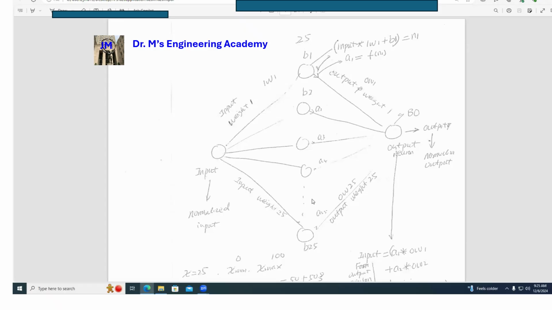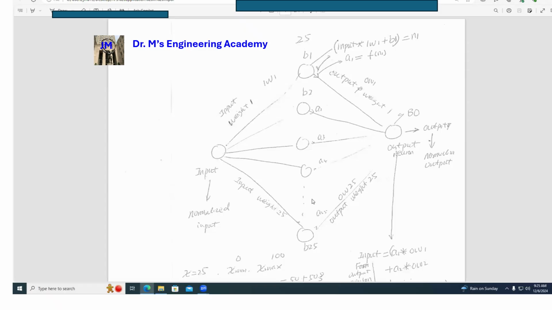This equals N1. After you obtain this N1, we put it in this function to get A1. A1 is the output value of this neuron, which will be fed onto the next layer, here onto this output neuron. Questions?